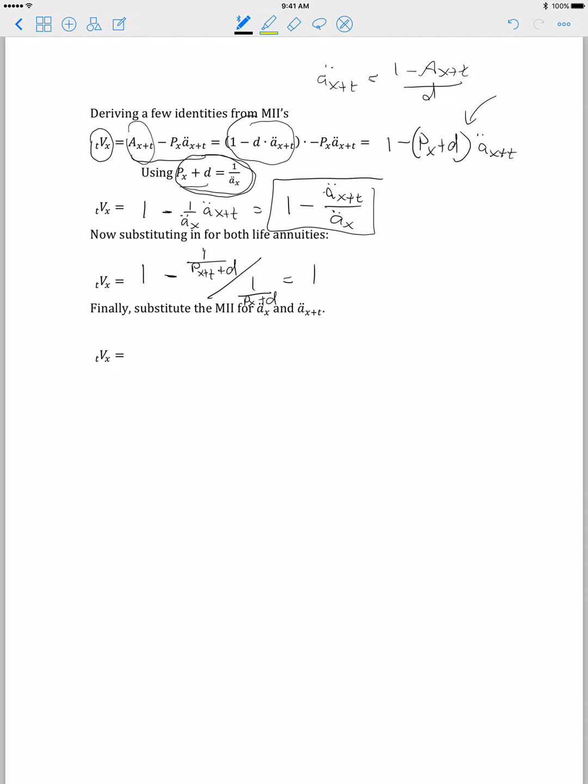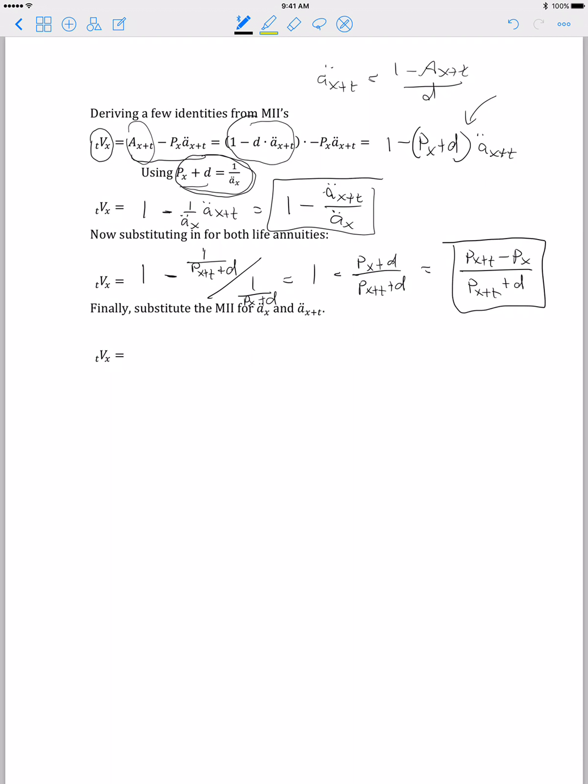Now take reciprocals and multiply. And then I get a common denominator of P_x plus t plus d. And my d's subtract away. If that's a little bit too quick for you, just go back through those calculations. And this is the second identity involving net level premium formulas calculated using the equivalence principle.